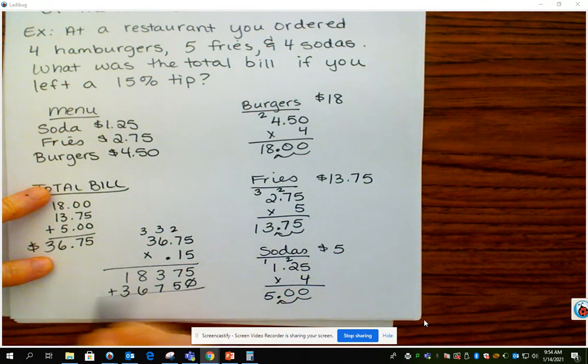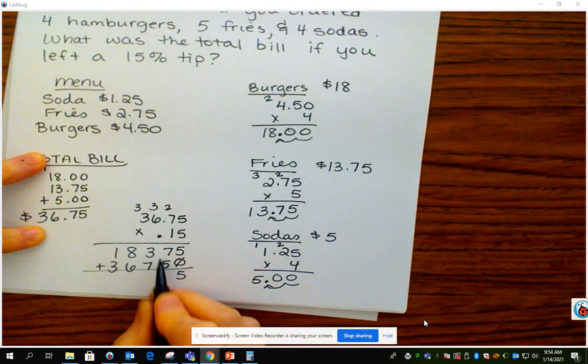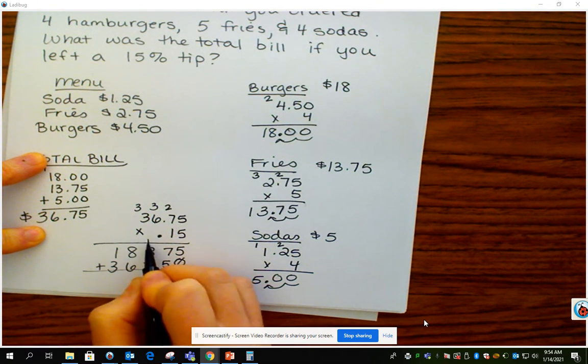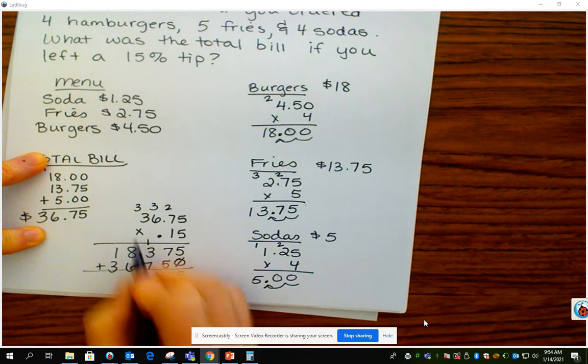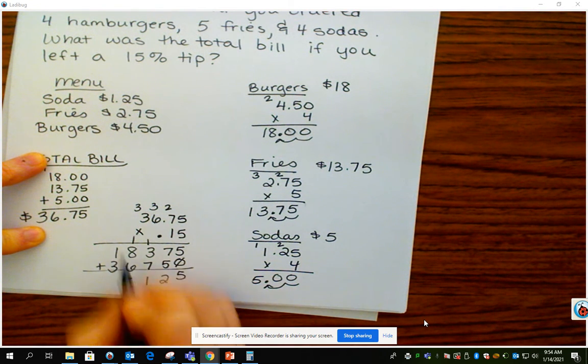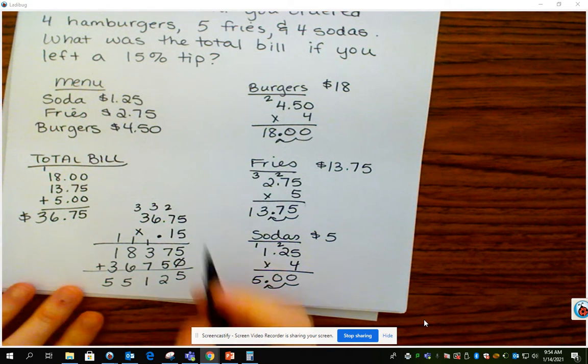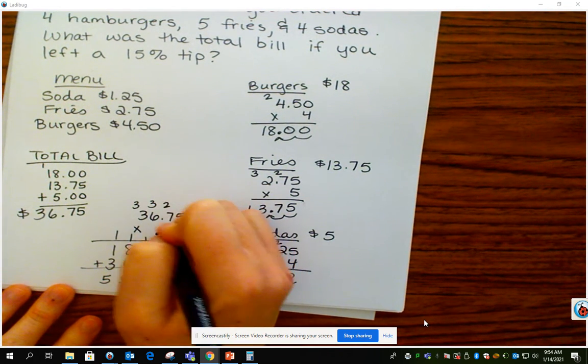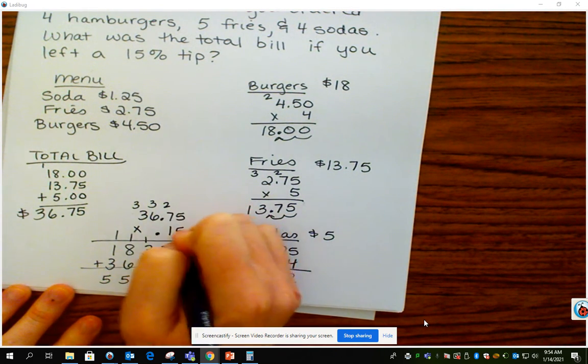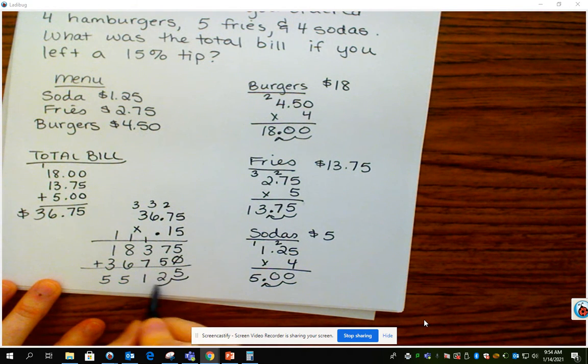Add them together. 5, 12, 11, 15, and 5. Did I go too fast? Are we good? Yep. Now look at how many decimals we have. 2 and 2 more, so I need to go 4 total places.